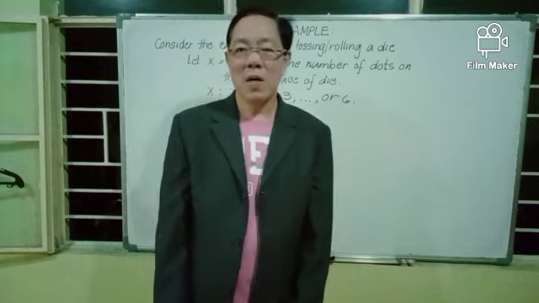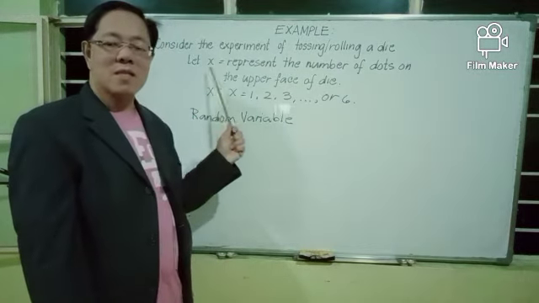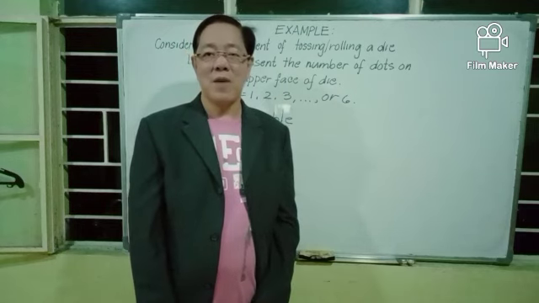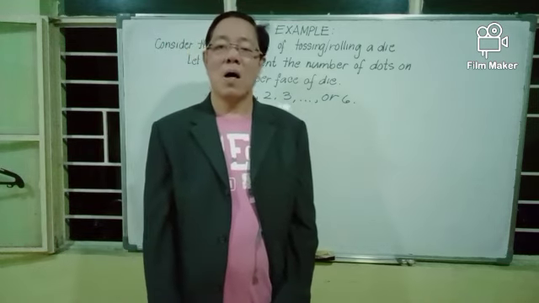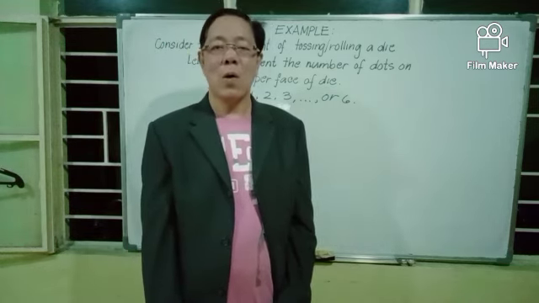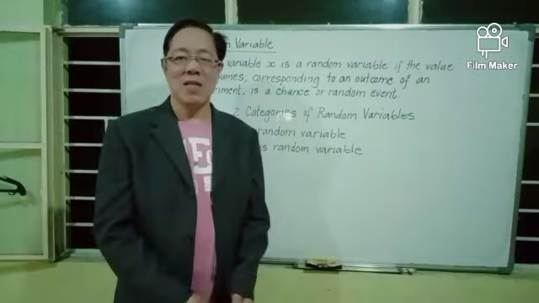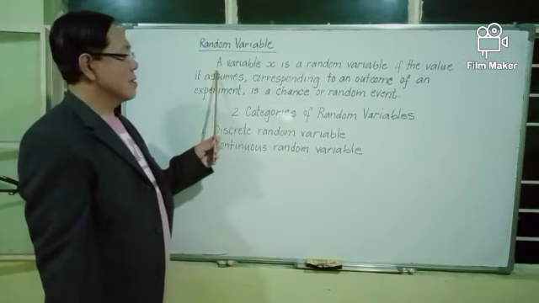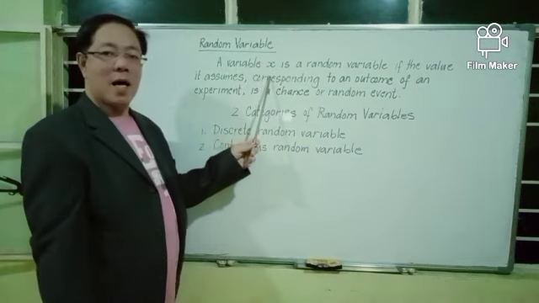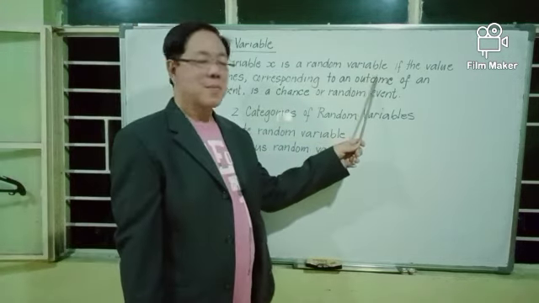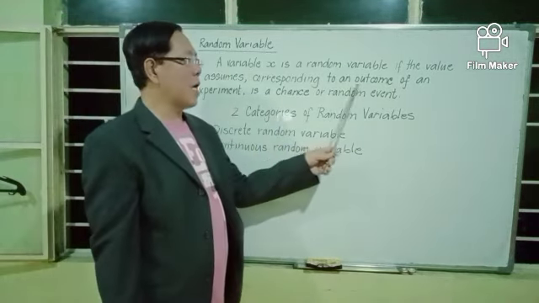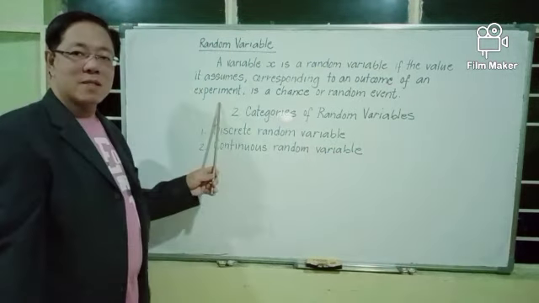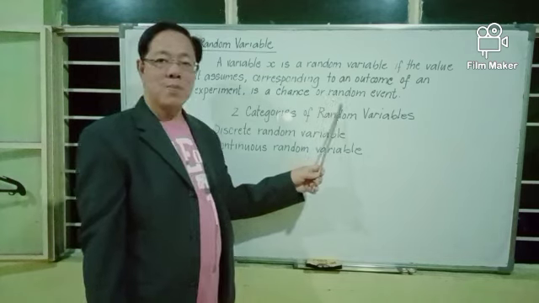Again, a variable such as this variable x is a random variable if the value that it assumes corresponding to the outcome of an experiment is a chance or random event.